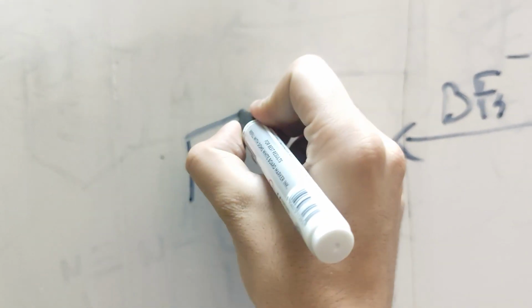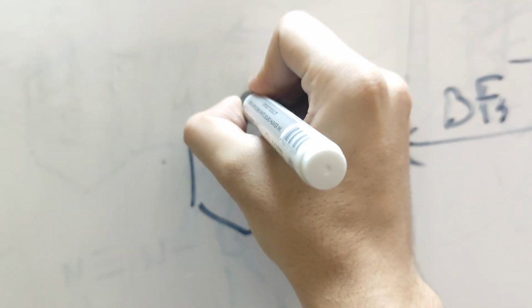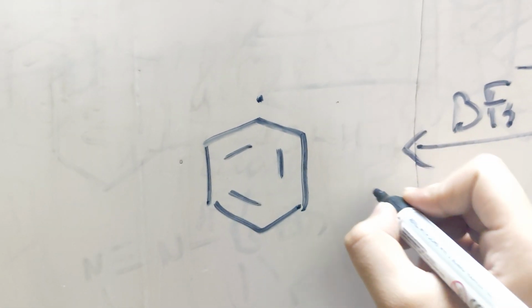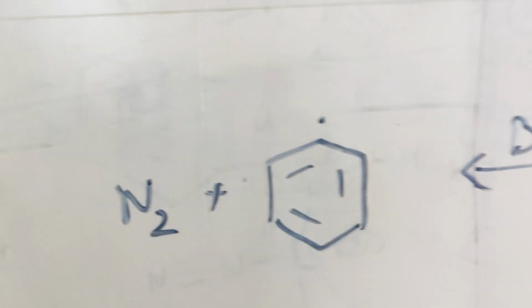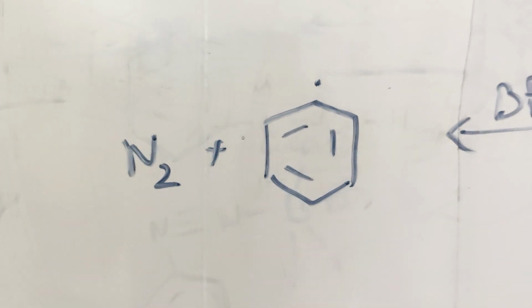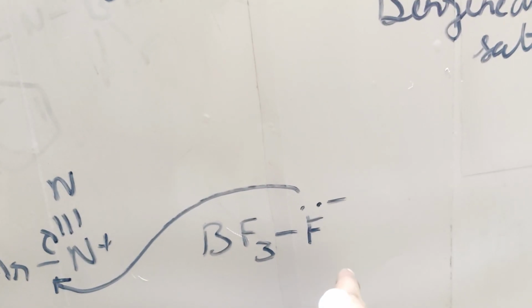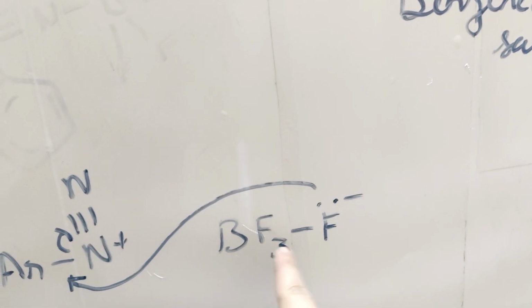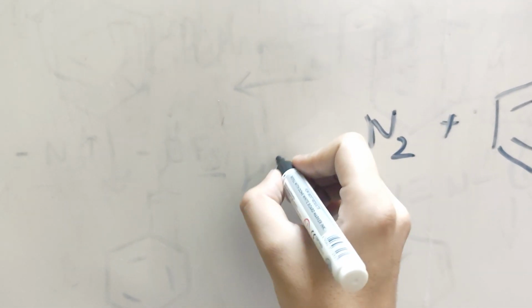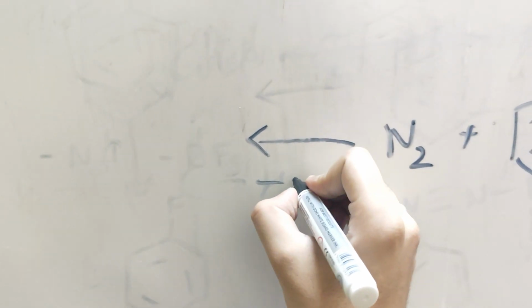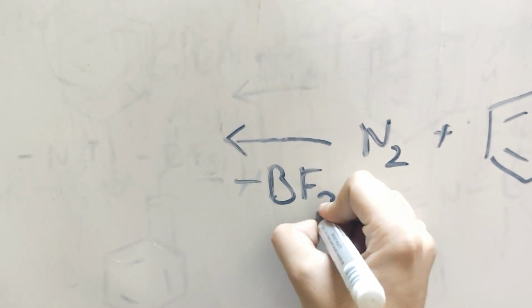So when the nitrogen goes away, there is formation of free radical, and N2 leaves. This free radical is then attacked by the fluorine atom that broke the bond between this, and then we can say that there is BF3 remaining.